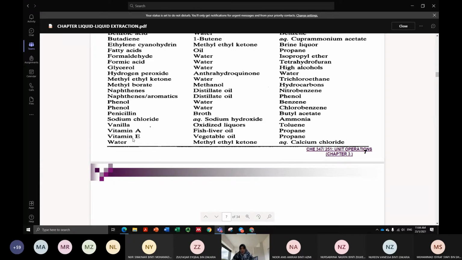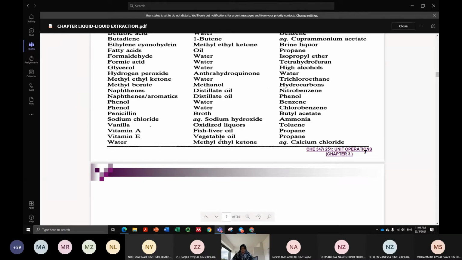So what solvent can you use? Example given here is you can use propane. So you mix propane with the solution of vegetable oil and vitamin E that you have, and then you mix them. Make sure a good mixing occurs, where the surface area per volume is higher.